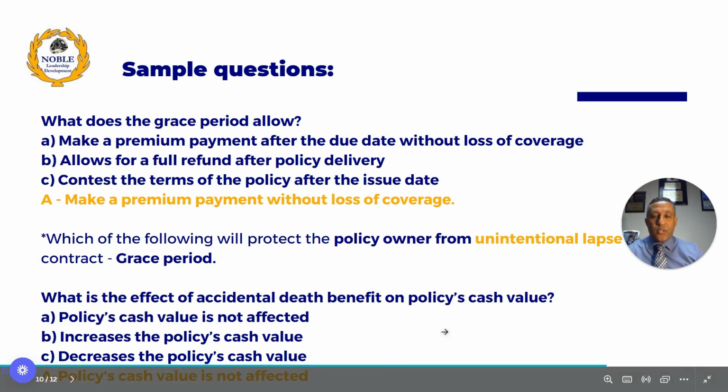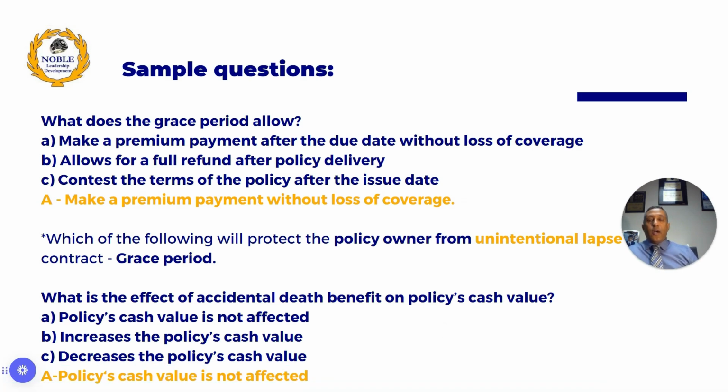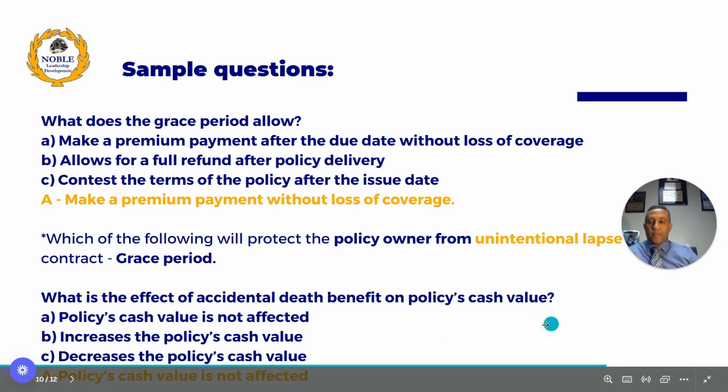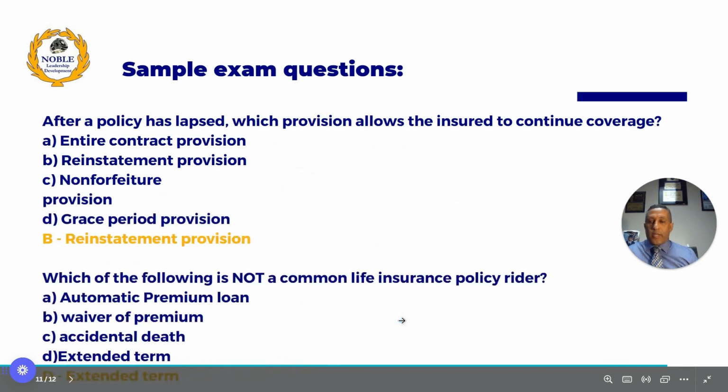It only affects the premium, and you get higher additional coverage if death happens due to an accident. So it does not affect cash value. It's good to know all the elements here. All right, the last page.